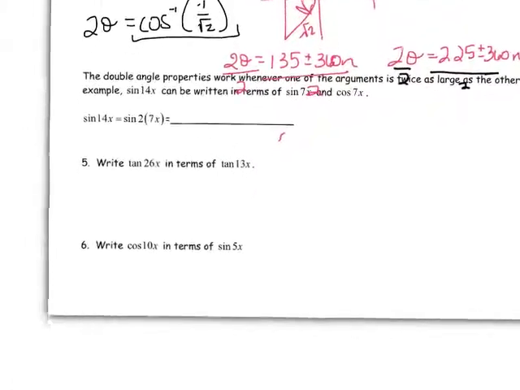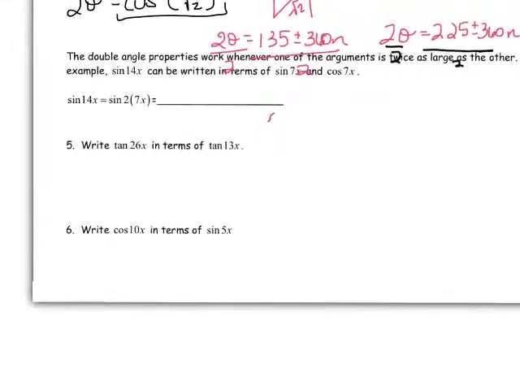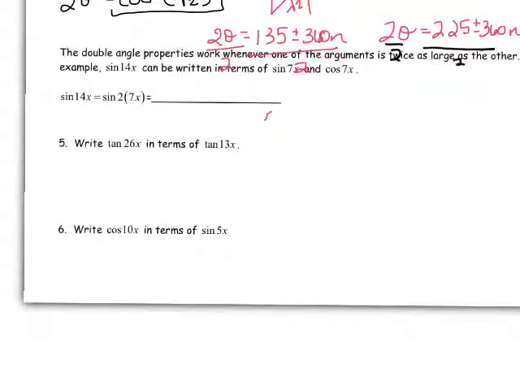Double angle properties work whenever the argument is twice as large as the other. So sine of 14x you could rewrite as sine of double 7x. Well, this is sine of 2a, so a is 7x. The identity for sine of 2a is 2 sine a cosine a.